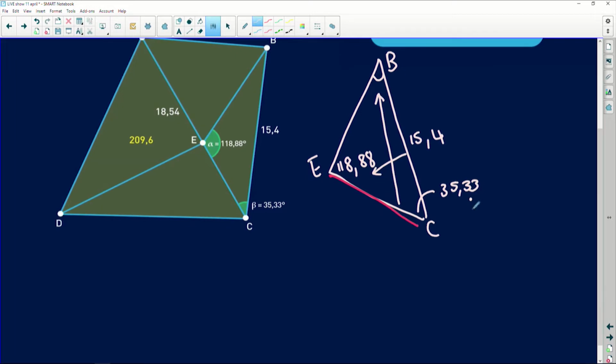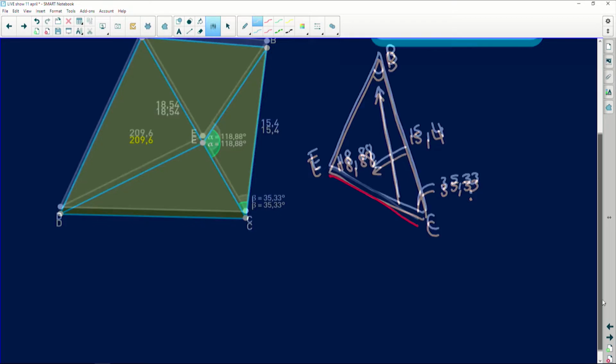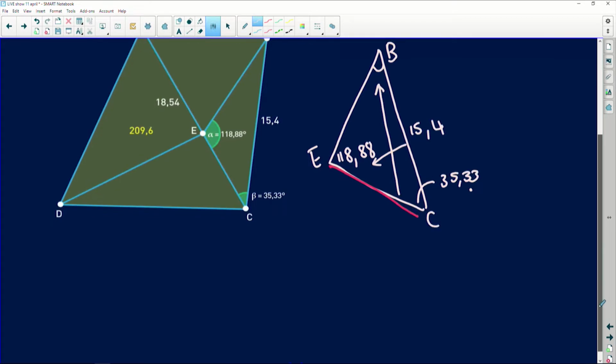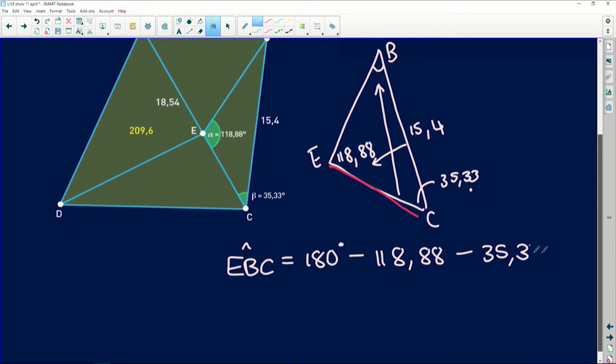Since we have the third angle of the triangle as well, we can use interior angles of the triangle to find that angle B. Specifically, that angle is EBC. It's equal to 180 degrees minus 118,88 degrees minus 35,33 degrees. So let's check the calculator out with the situation.